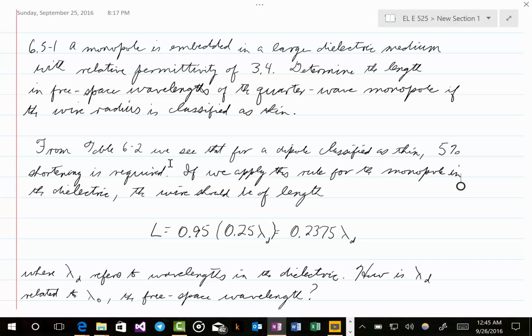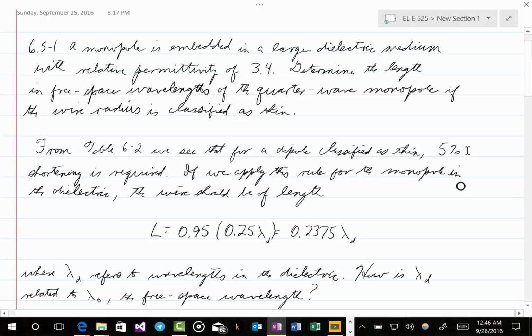What I'm saying here is that for our theory, we developed the theory for infinitely thin wires, but then when we thicken the wire, remember what we were trying to do here is to have a real input impedance, and we can achieve that by shortening the dipole, and the amount of shortening that is required for a wire that is classified as thin is 5%.